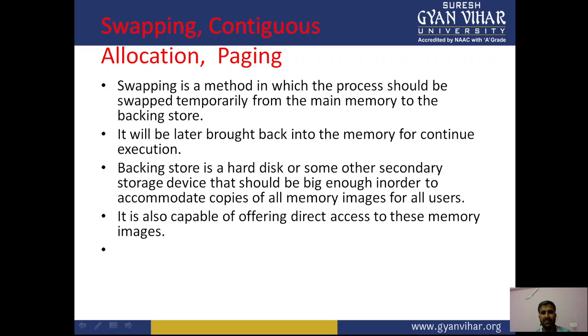Basically, memory management is the functionality of an operating system which handles or manages primary memory and moves processes back and forth between main memory and disk during execution, right? In memory management, we keep track of each and every memory location, regardless of whether it is allocated to some process or free, right?